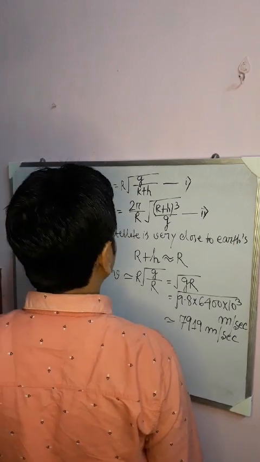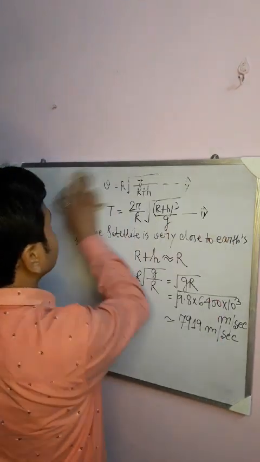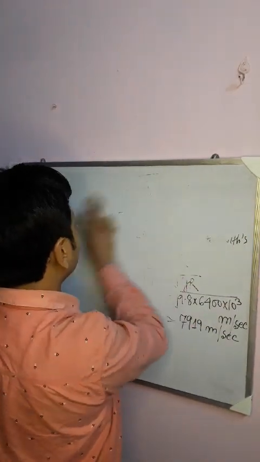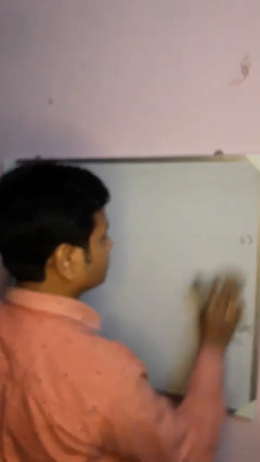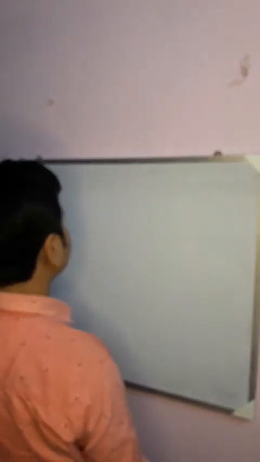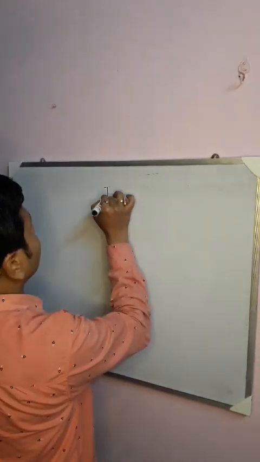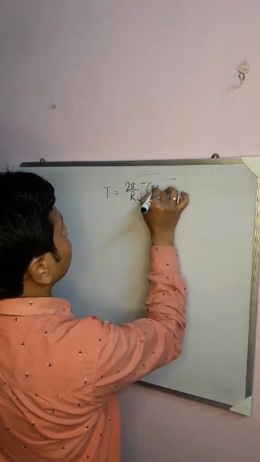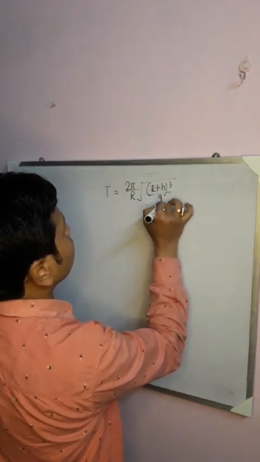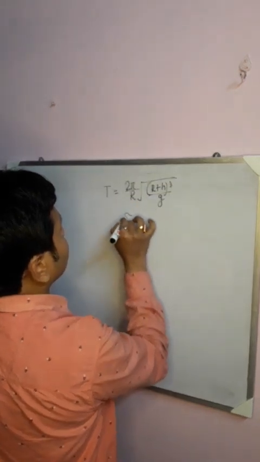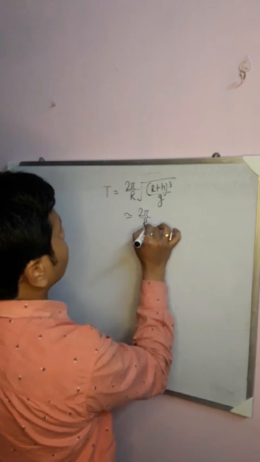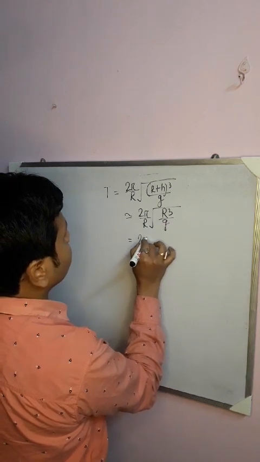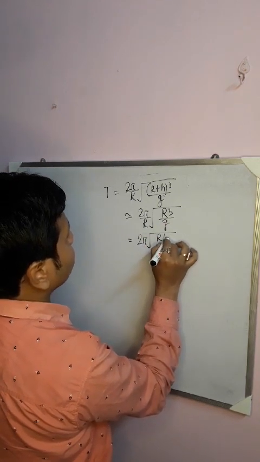Now if we substitute this value in the time period of revolution, what will be the result? The expression of time period is 2 pi by R square root of (R plus h) whole cube upon g. Simply we put R cube, so it becomes 2 pi square root of R by g.